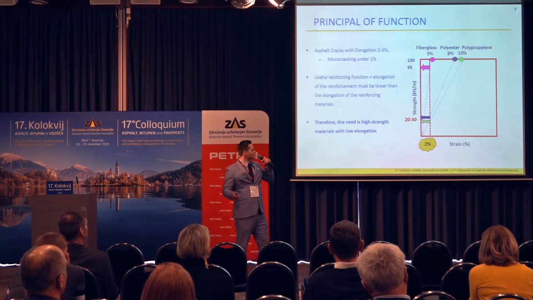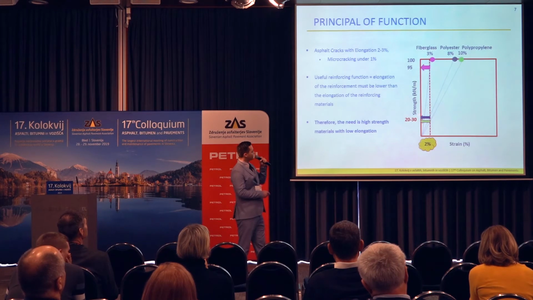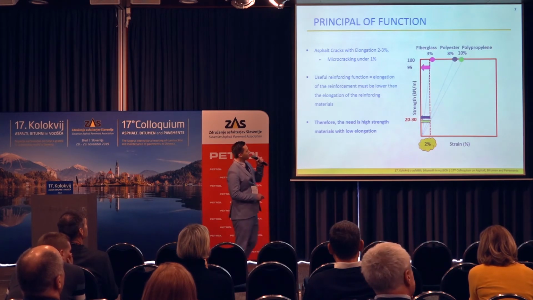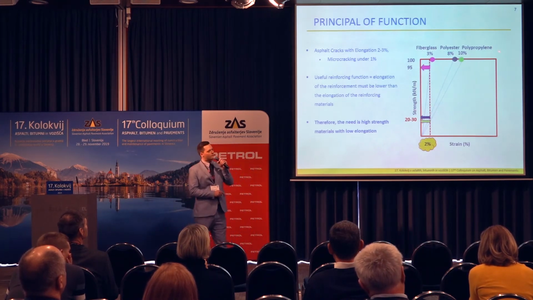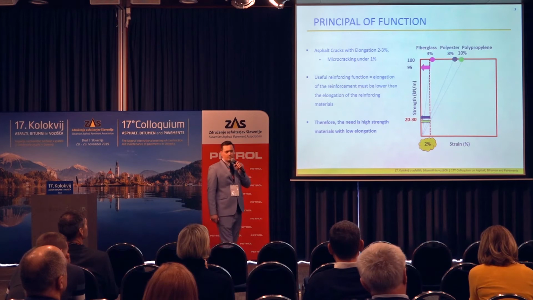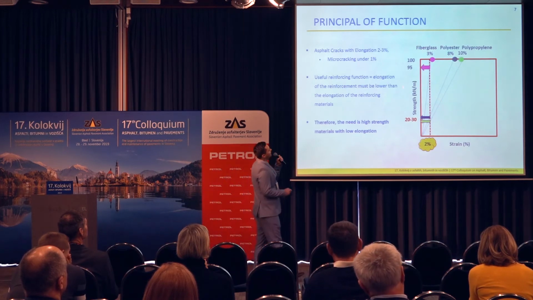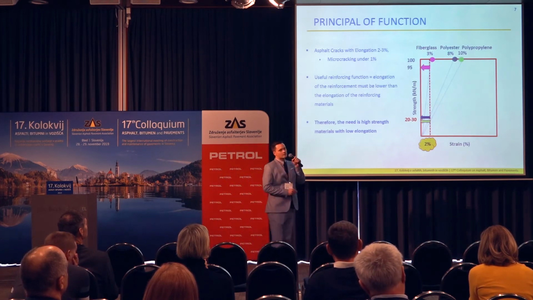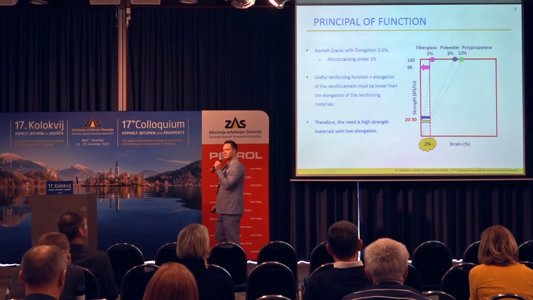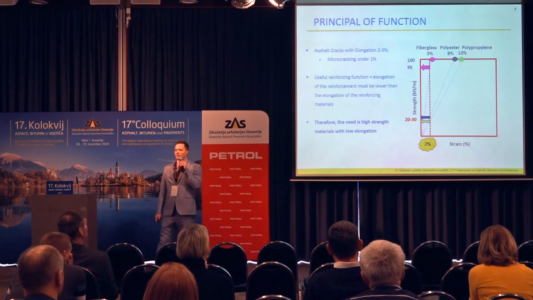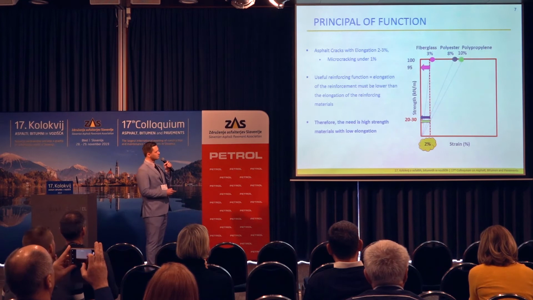So it extends, and in this critical area, it actually reaches only like 20 to 30 kilonewtons, and we are talking about 100 kilonewton product. While the glass with 3% elongation, in this critical area, it has around 95 kilonewtons. So here you can see how the elongation is important.